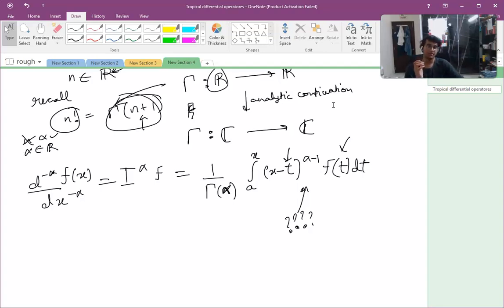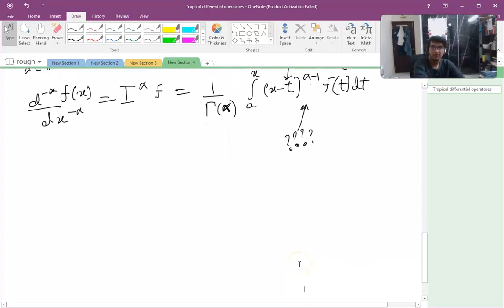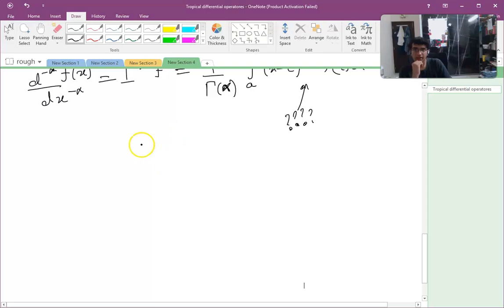This depends on the fact of whether I can solve the fractional derivative. Let's not take d of minus alpha anymore, let's just take d of alpha, where alpha belongs to the reals. So now I'm talking about a general real number.